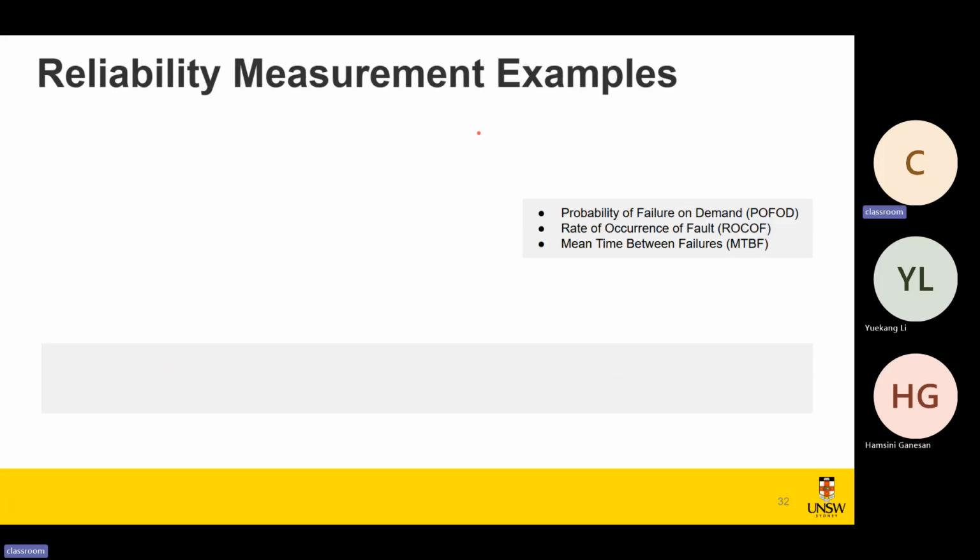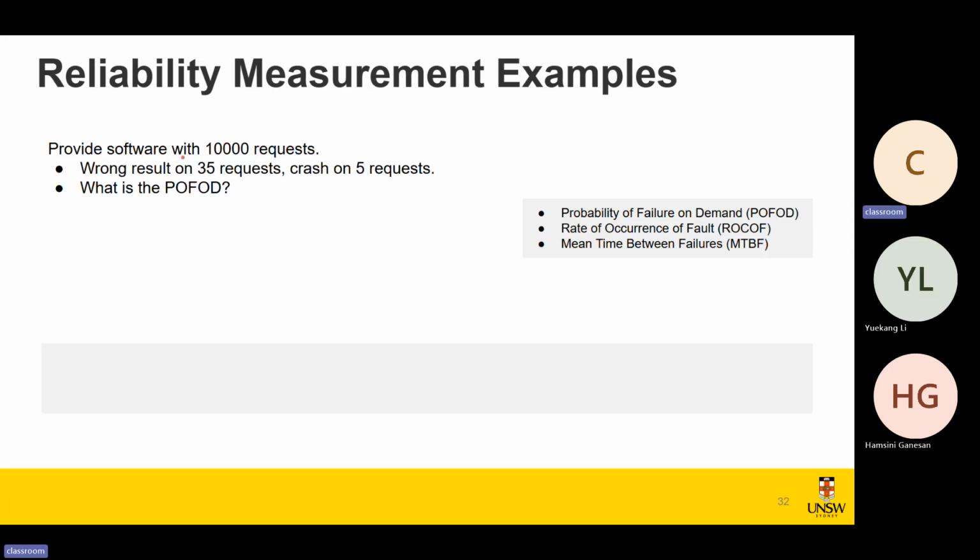And let's use an example to learn about these different metrics. Let's assume that we have 10K requests, and we have 35 wrong results, and we have 5 requests that are crashes. So what is the probability of failure on demand here?